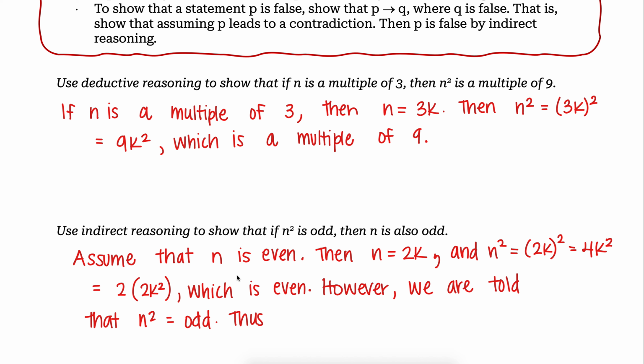Thus, this is false, and n must be odd. It's a proof by contradiction. So we found a contradiction there. Again, we assumed that our conclusion is false. That showed that our premise is false, but our premise is not false. Our premise has to be true. N squared has to be odd. Therefore, n is not even, n must be odd. That's a proof by contradiction.